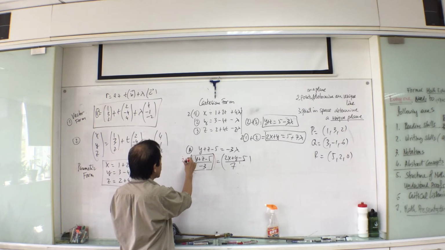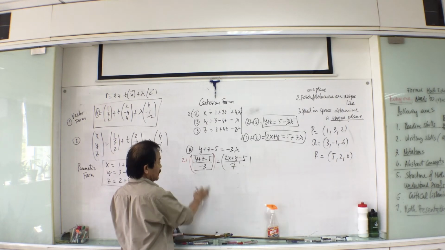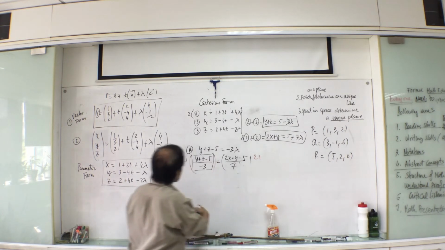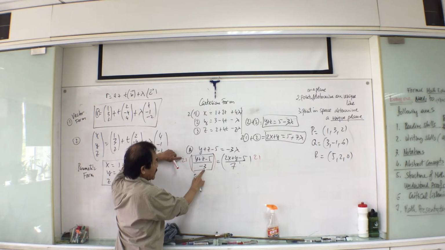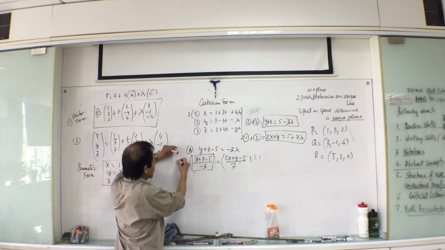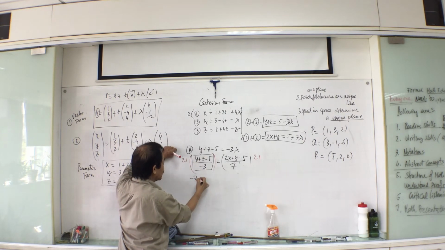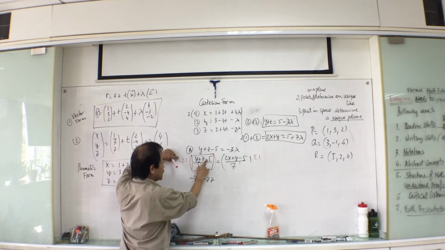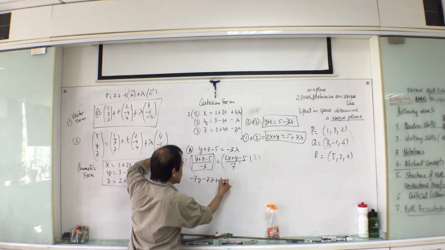Multiply by 21, right? Negative 21 or 21 doesn't matter. So you multiply 21. 21 divided by minus 3 equal minus 7, right? So become minus 7 times y equal minus 7y, minus 7 times z equal minus 7z, minus 7 times minus 5 equal plus 35.